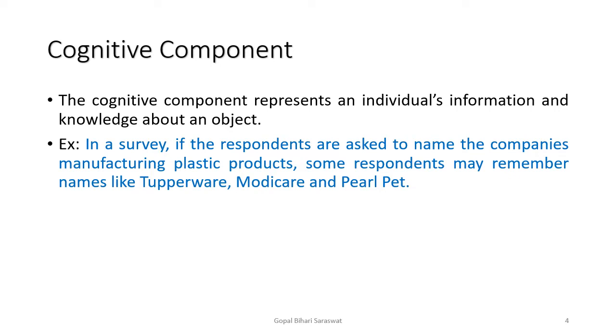For example, if the respondents are asked to name the companies manufacturing plastic products, which company brands they are able to recall showcases the individual's information and knowledge about an object. So this is the cognitive component.